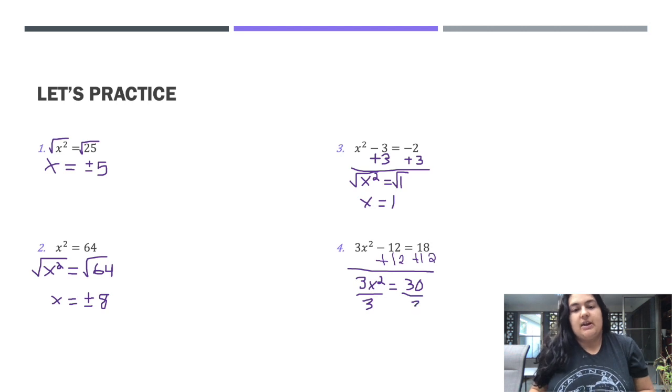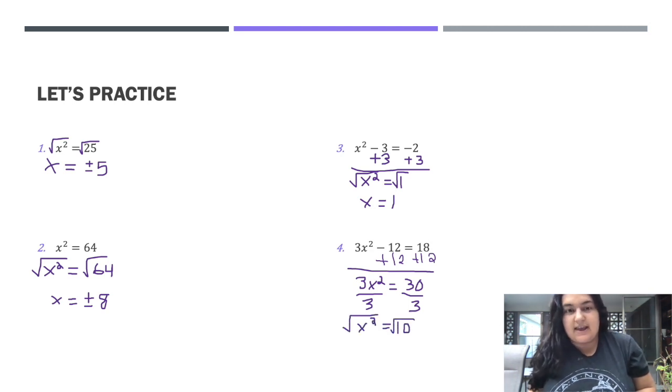Then I'm going to divide each side by 3. So I'm left with x squared is equal to 10. Then take the square root of both sides, which is just x is equal to plus or minus the square root of 10.